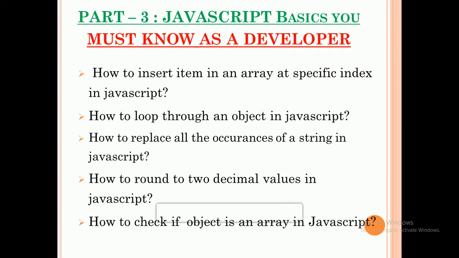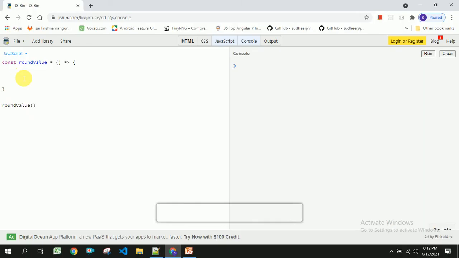So the last one is how to check if an object is an array in JavaScript. So let us consider I have an object called x, and here I have a property called id, which I am taking as some number or numeric value.